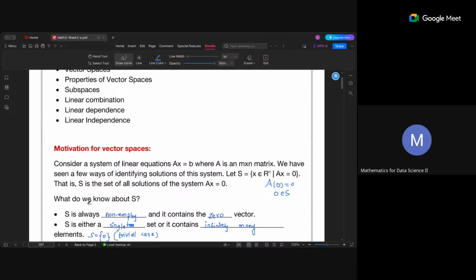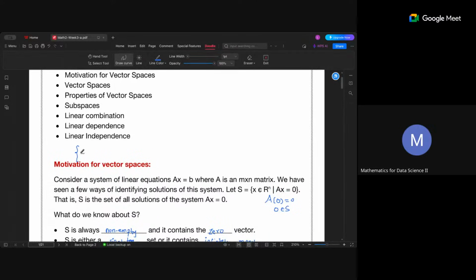So if you want to understand what this set represents, I will show it in R2. You can imagine something similar in R3, because R3 drawing is difficult. So in R2, your y value is 1.